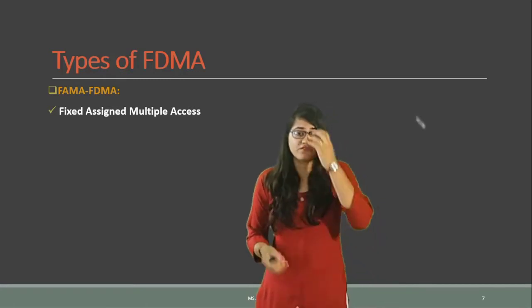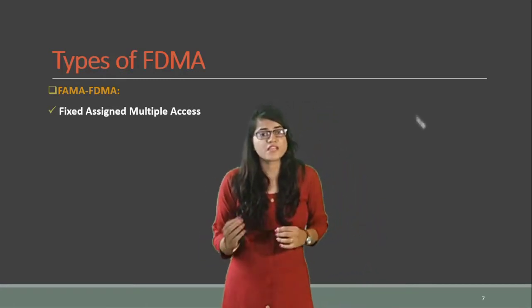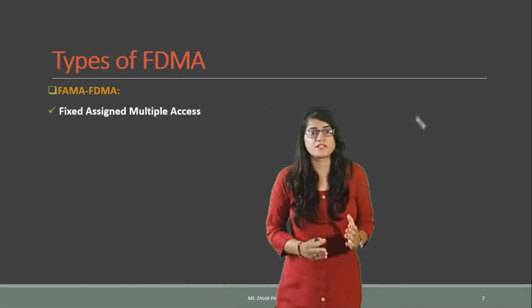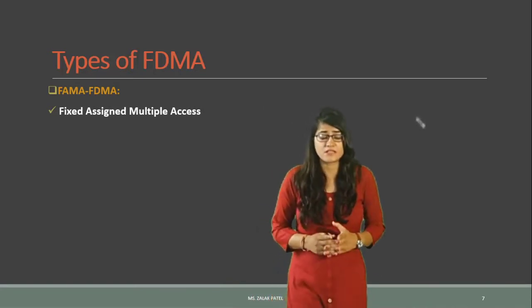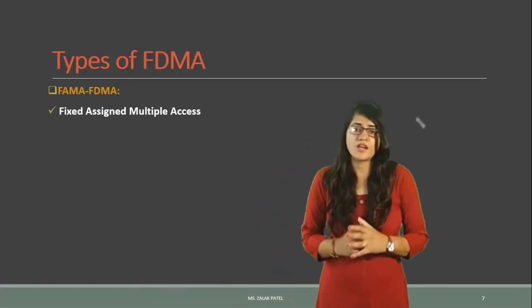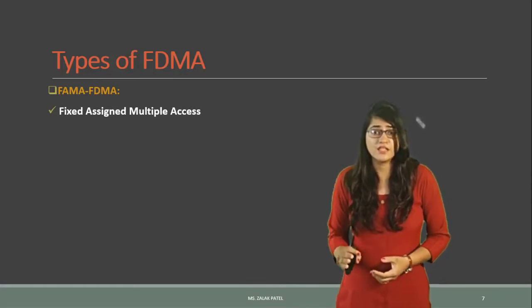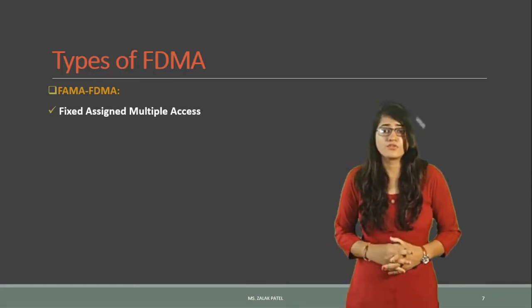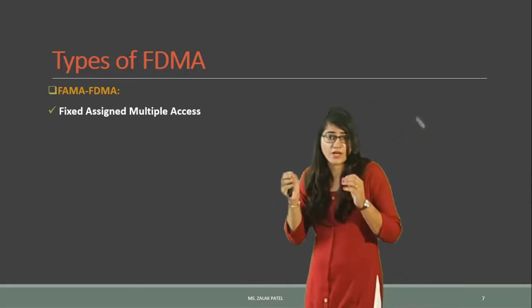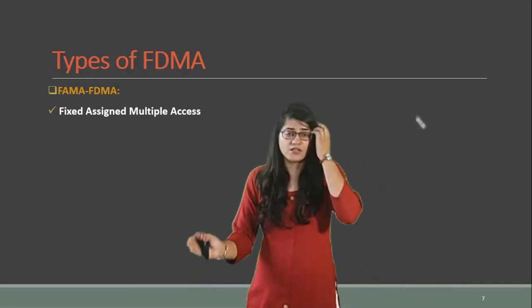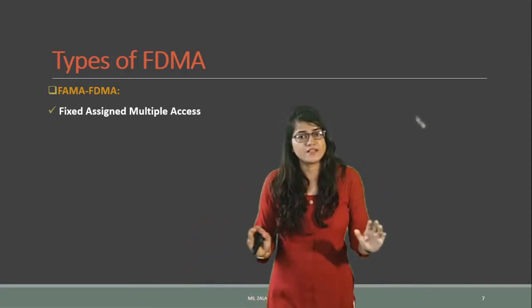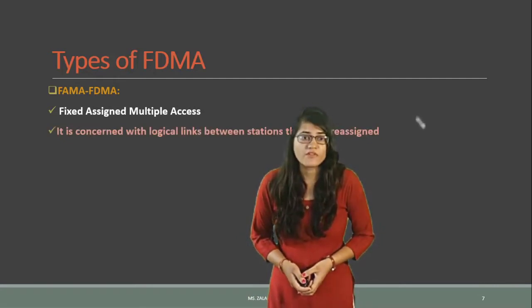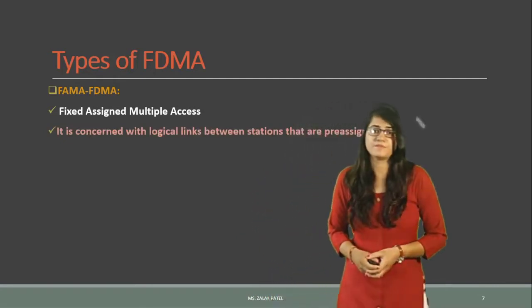Because of this fixed type of channel assignment technique, the particular user uses the same set of channels, and if that user is not active, then the channel cannot be used by another user, which means it is completely wasted. So this is the case of FAMA, FDMA.